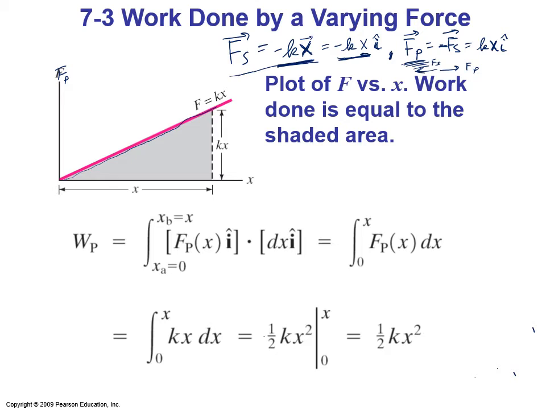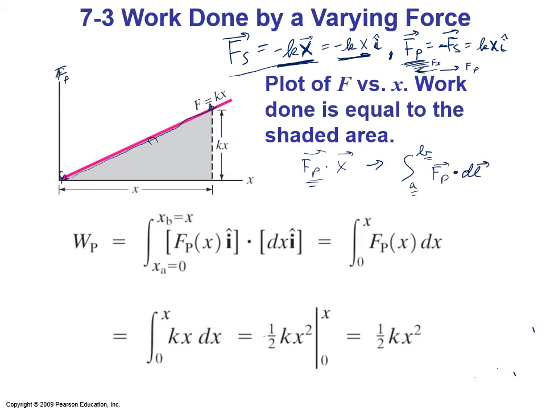So we can't just use a simple Fp dot displacement. I mean, which Fp would you use? This one or this one or that one? You wouldn't be able to do that. So instead, you need to go to this other form, where you take an integral from the initial point to the final point of Fp dot a displacement element.